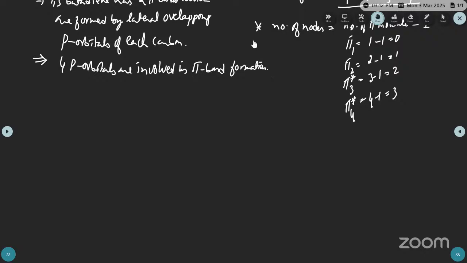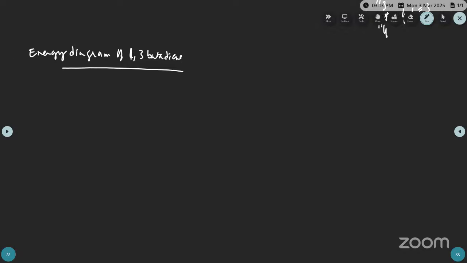So the pi molecular energy diagram of 1,3 butadiene.